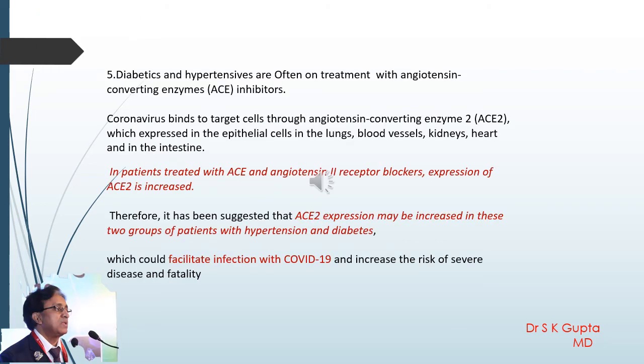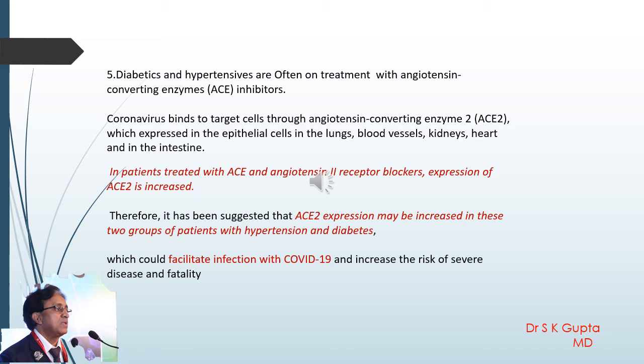Also, patients with diabetes and hypertension are often on treatment with angiotensin converting enzyme inhibitors and angiotensin receptor blockers, and you all know that the coronavirus binds to the target cells through ACE2 receptors, which are expressed on the epithelial cells in lungs, blood vessels, kidneys, heart, and in the intestines.